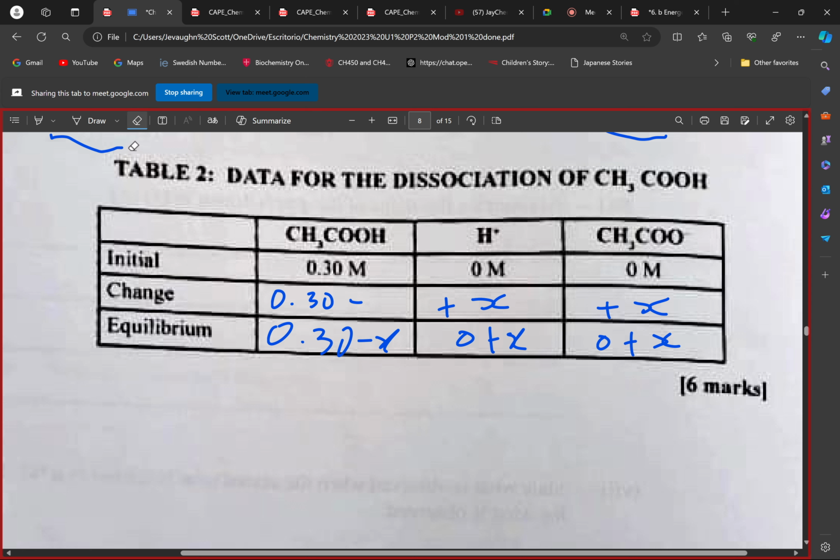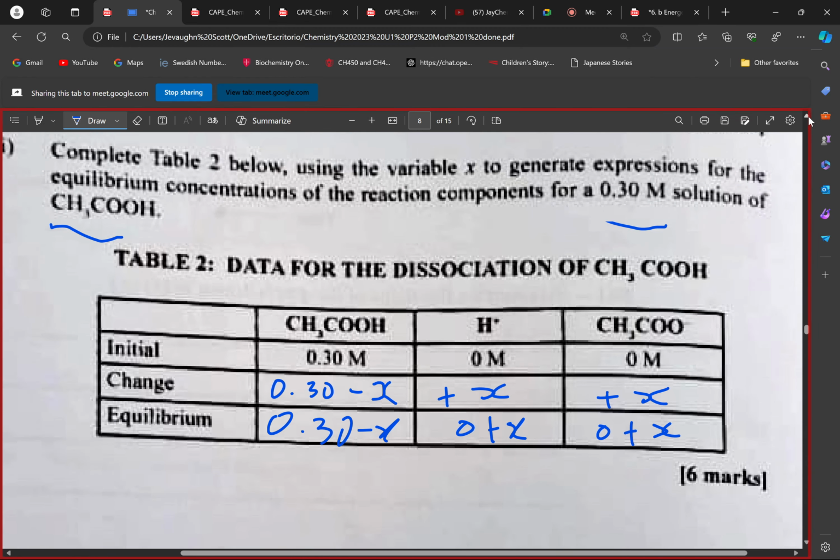How do you come by the 2? That's what I want to figure out. Because you remember you get two products, H plus and the CH3CO minus ion, and those two get the plus x, and they're taken away from the ethanoic acid. So that's not how you get a minus 2x.